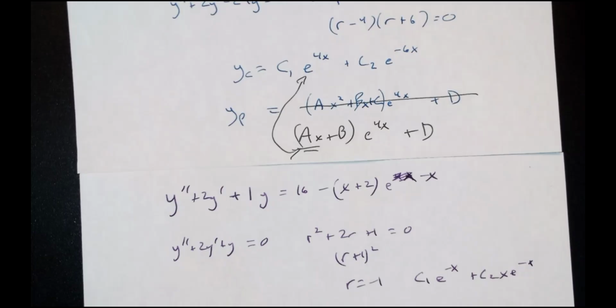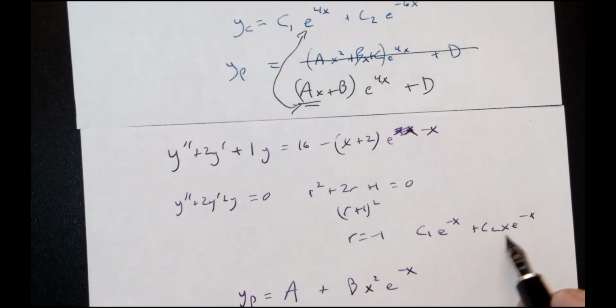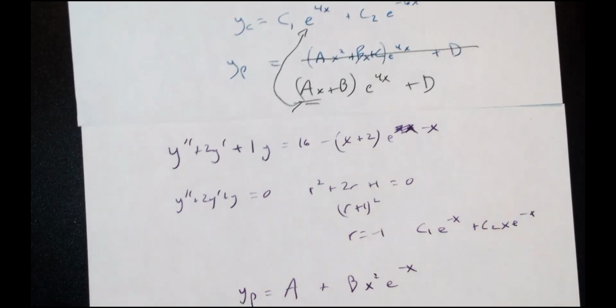But if I put an x next to it, it duplicates this, so I need to put an x squared next to it. Yp should be a number plus something x squared e to the minus x. Because if I just had no x's, it'd be this. If I had one x, it would be this. I need at least two x's to get rid of the duplication.